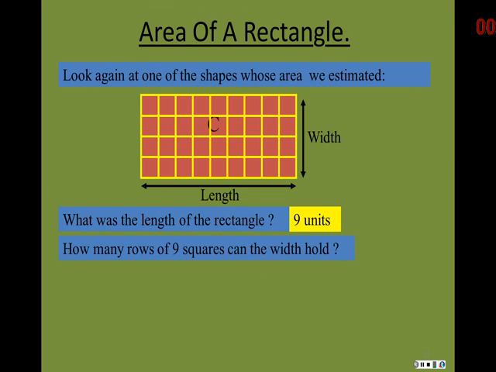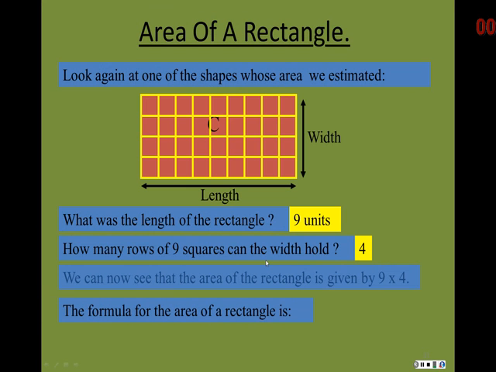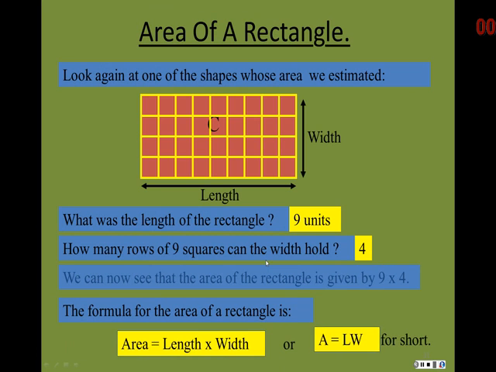You need to multiply the length and the width in order to get the area. So in this case, we have a length of 9 units and a width of 4 units. 9 times 4 gives us 36 square units. So your formula is area is equal to the length times the width.